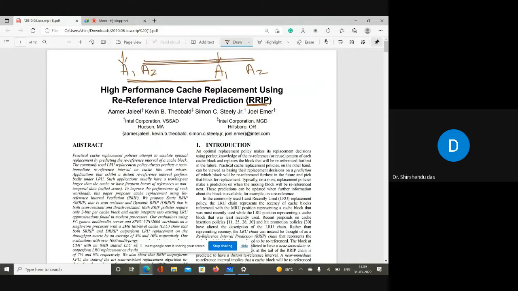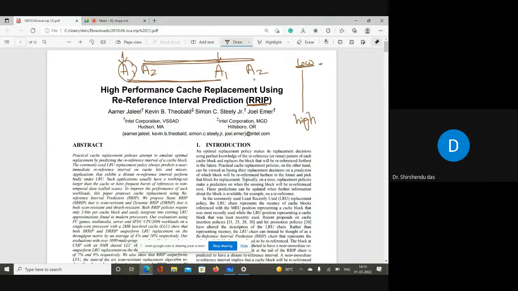So RRIP involves a low re-reference interval and a high re-reference interval. Low means that if A1 is accessed here and this block has a low reference interval, it will be accessed in the very near future because the reference interval is short. So low means you can consider it an important block, which will be accessed again very soon.